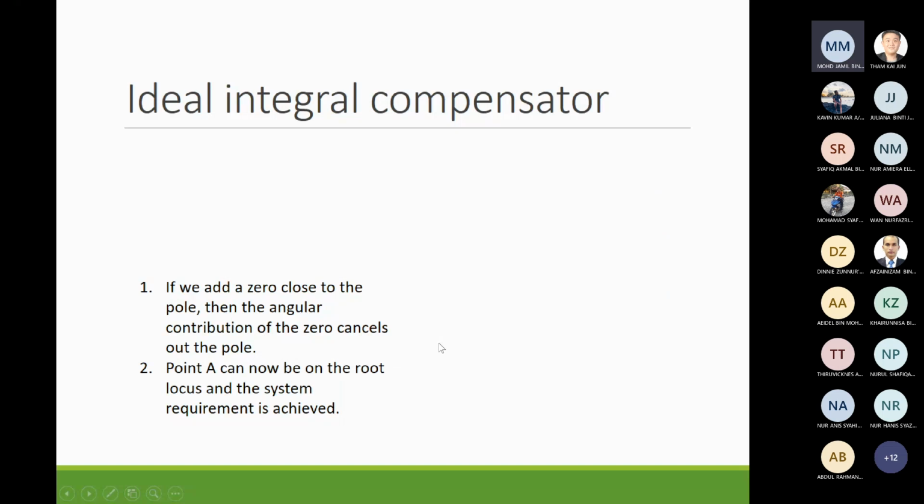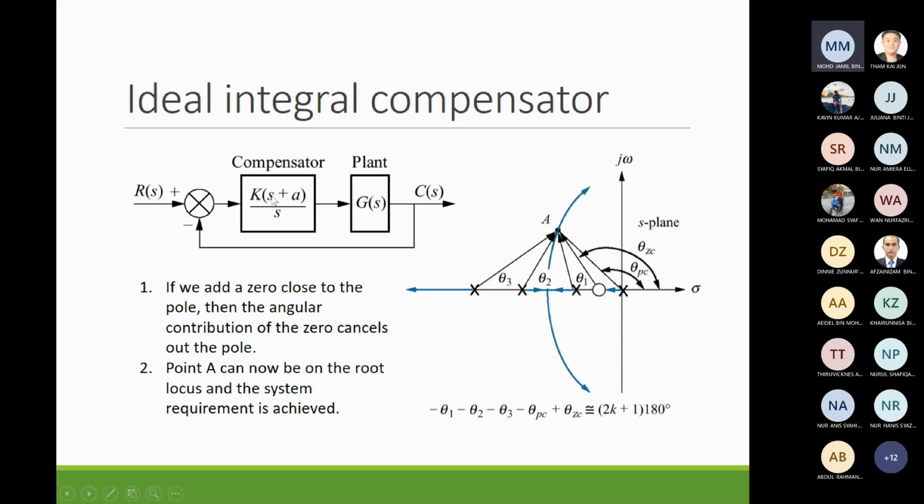Let's say we also add a zero, s plus a, on the compensator, with the value of a as close as possible to the pole theta PC from just now. Let's say the zero is here, and the angle is theta ZC to point A. Now point A can be on the root locus.